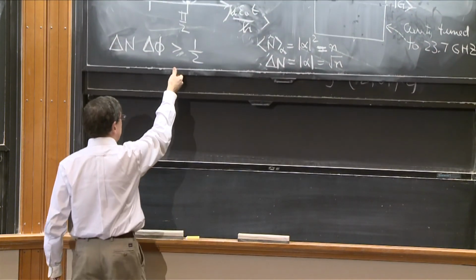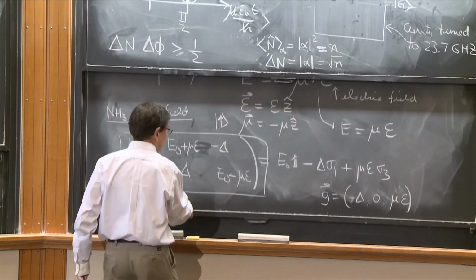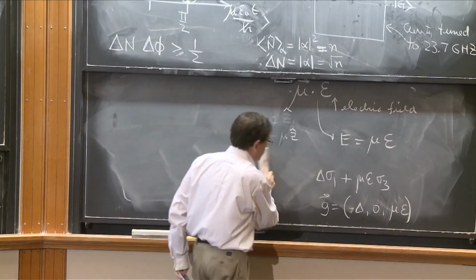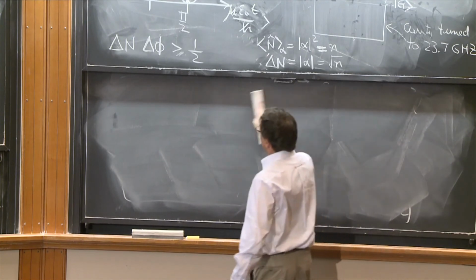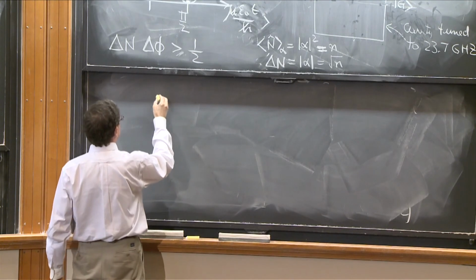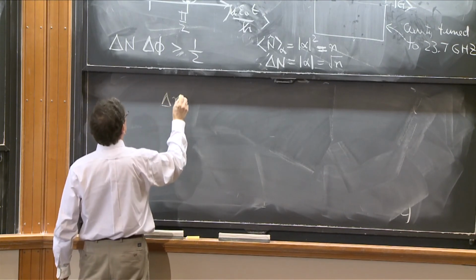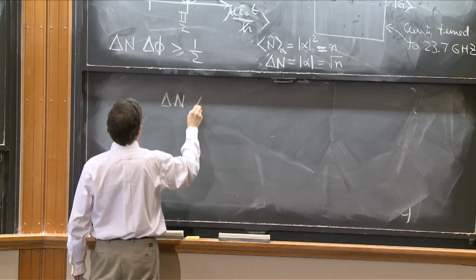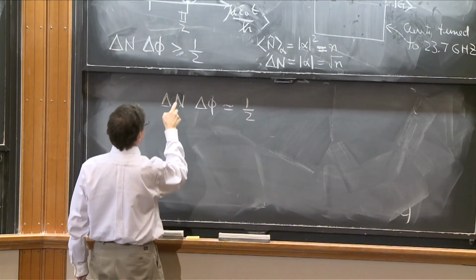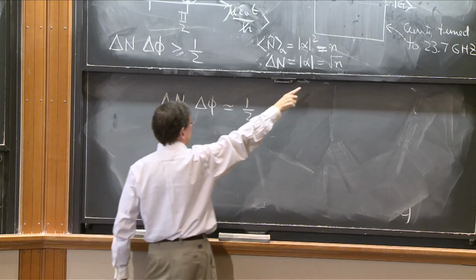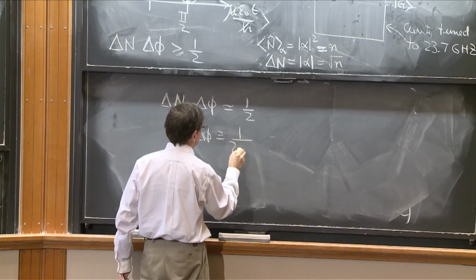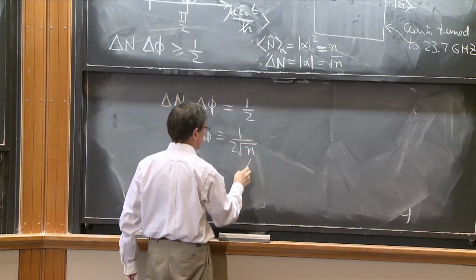So for this, we are working with a coherent state that saturates this. So delta n times delta phi is about 1/2. And delta n is square root of the number of photons. So delta phi is about 1/2 over the square root of the number of photons.